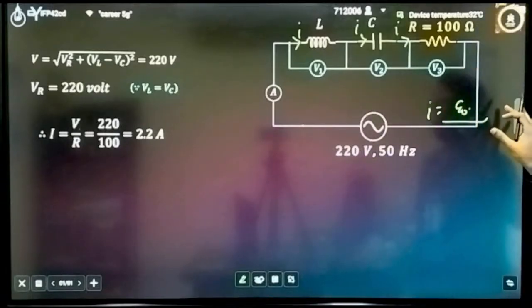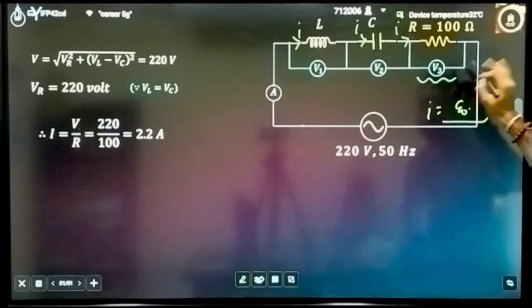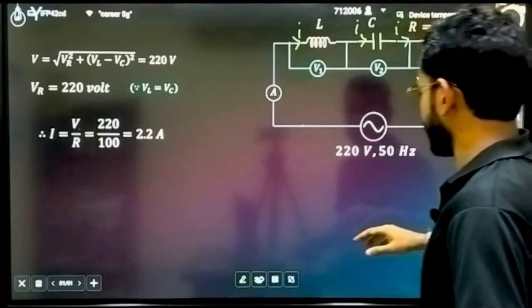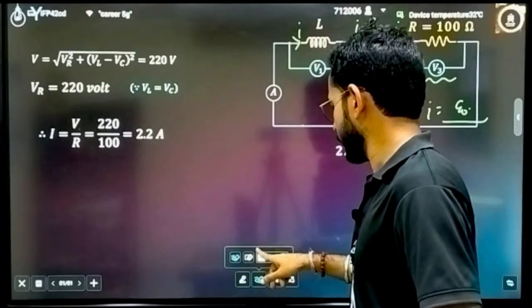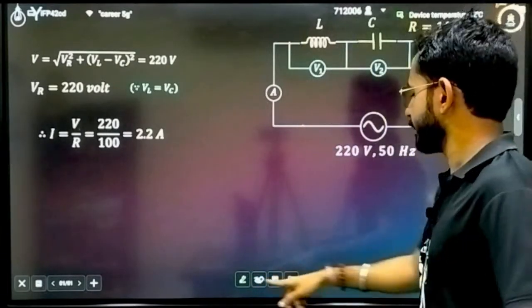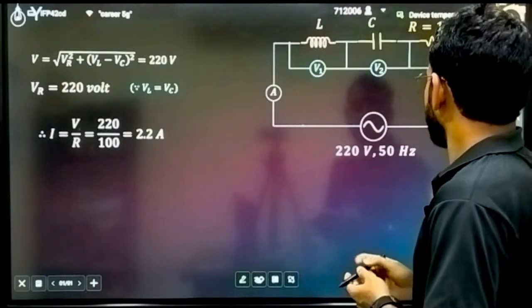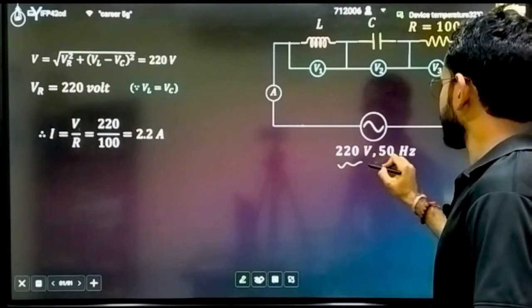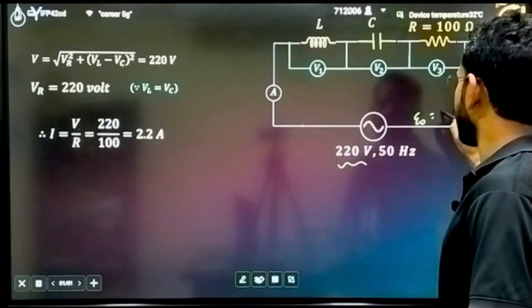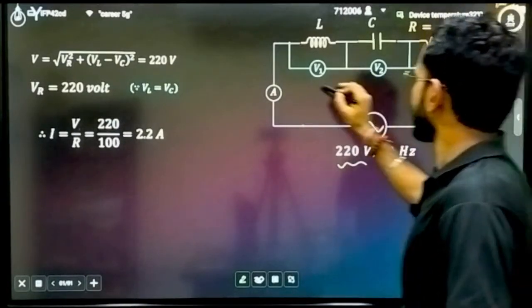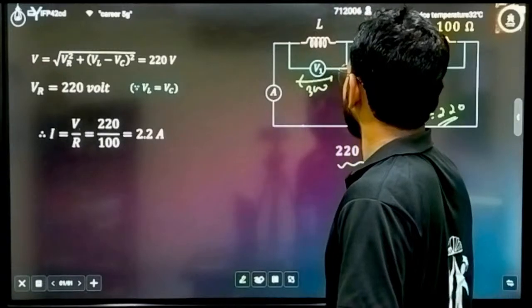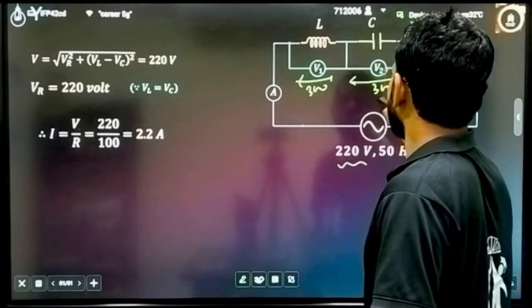Before that, you have to calculate the EMF across VL. Then you can easily calculate, because the resistance is given here. For the net EMF, E naught is given as 220, across this one it is given as 300, and across this it is given as 300.